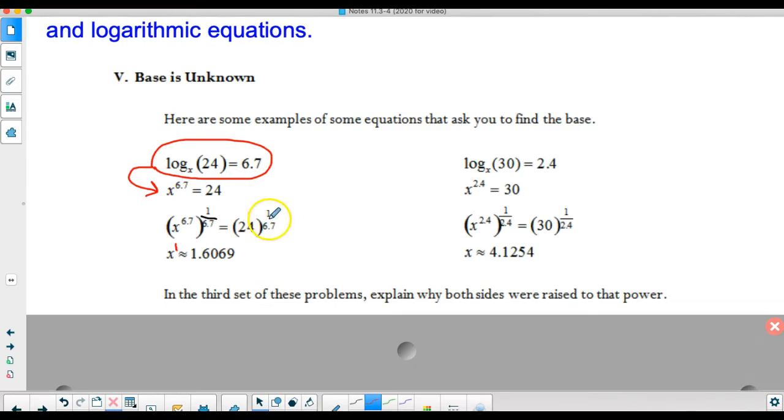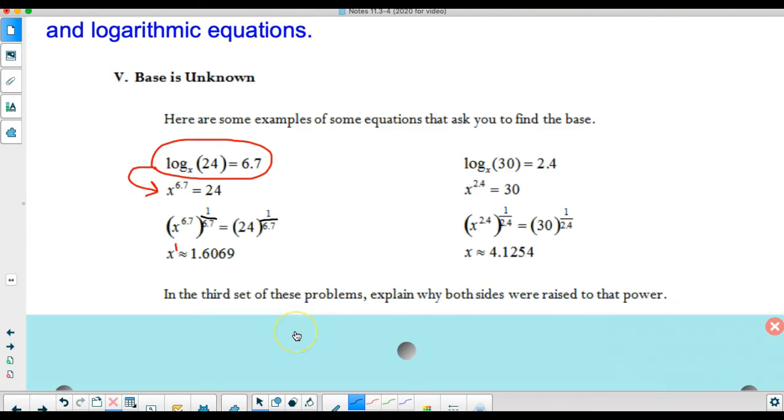I'm missing a fraction bar here. If you're using the cheap calculators, please be careful that when you hit the caret symbol, you put the 1 divided by 6.7 in parentheses. Otherwise, you will most likely get your answer wrong.